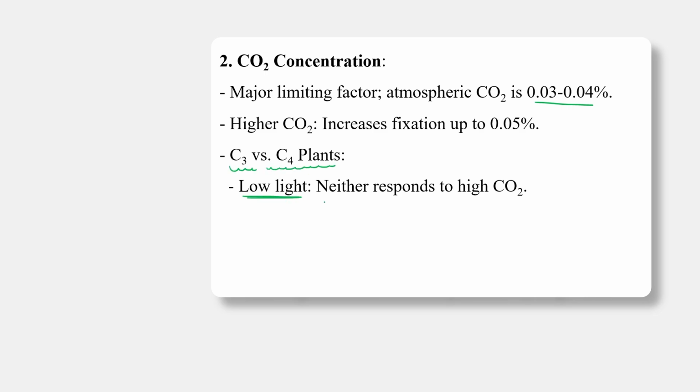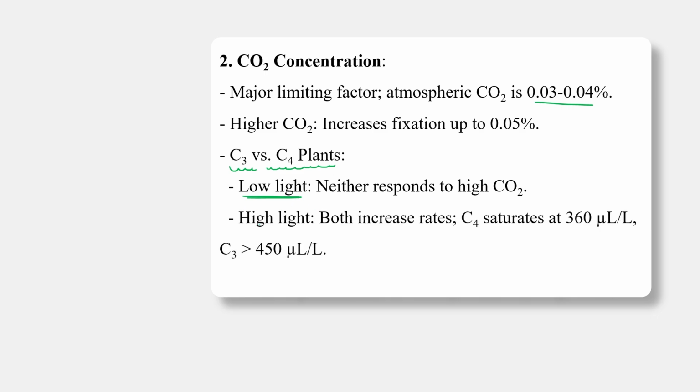If light intensity is low, then neither responds to high carbon dioxide. If high light is present, both C3 and C4 plants increase the photosynthetic rate. C4 saturates at 360 microliter per liter, while C3 at 450 microliter per liter.